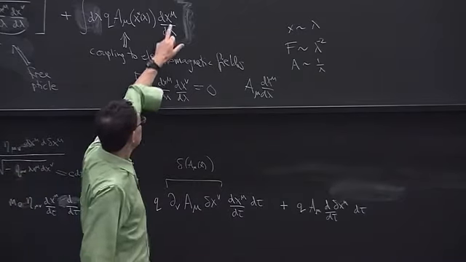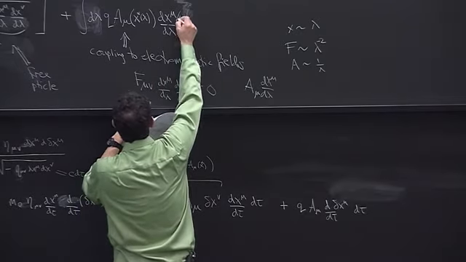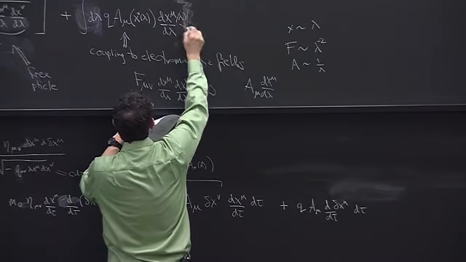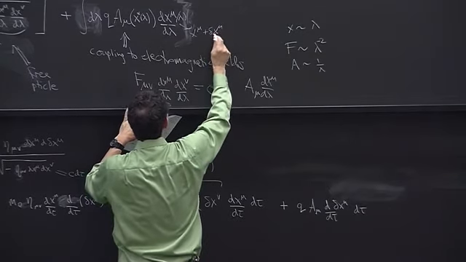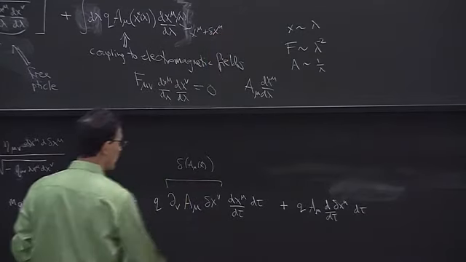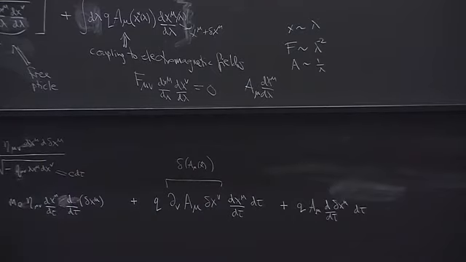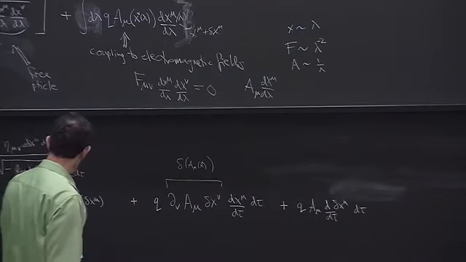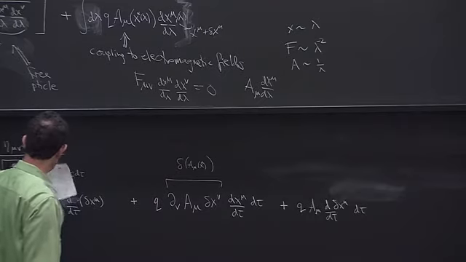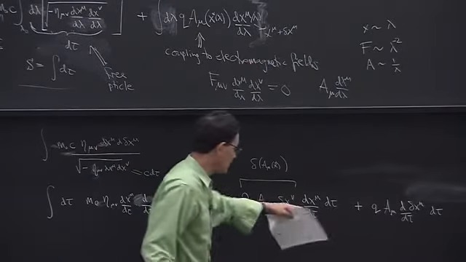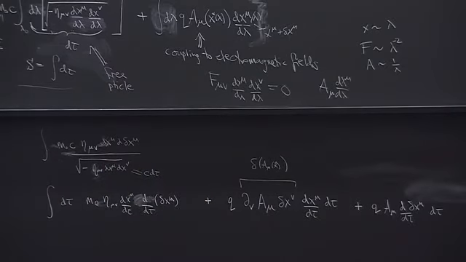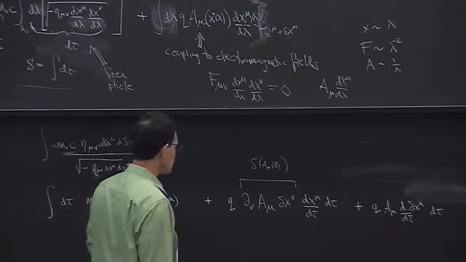I've got to vary this guy, right? This is a function of lambda. So the x goes to x mu plus delta x mu, and I just keep the delta x mu. So that's the variation. Okay? And because I learnt from this term I should introduce the d tau, I'm going to replace the d lambda with d tau here. I don't lose anything by doing that.